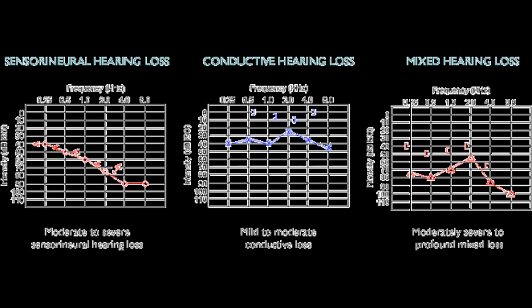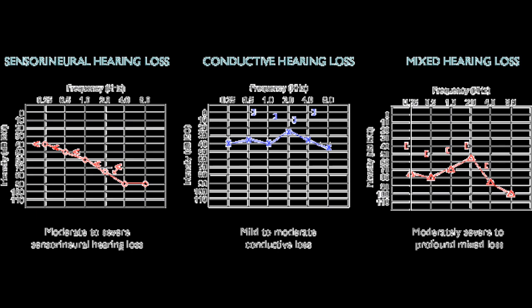And then when looking at a conductive hearing loss, something to look for is that first you'll see that bone conduction will be within normal range, which is between 0 to 25 decibels. And then for air conduction, that will usually show hearing loss. And then something you'll see is an air-bone gap, and usually it's at least 10 decibels or greater between both your air conduction and your bone conduction.